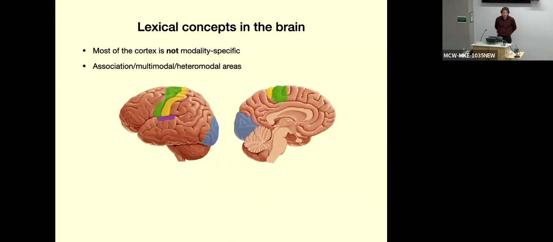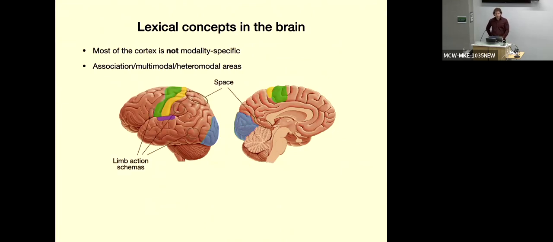So what do we know about how lexical concepts or word meaning is represented in the brain? We know that most of the cortex is not dedicated to specific modalities. So there are modality-specific areas, but most of the cortex is not. It's the pink areas that are not colored.